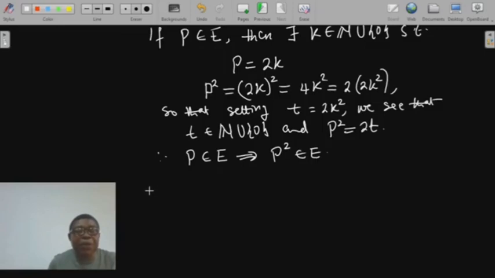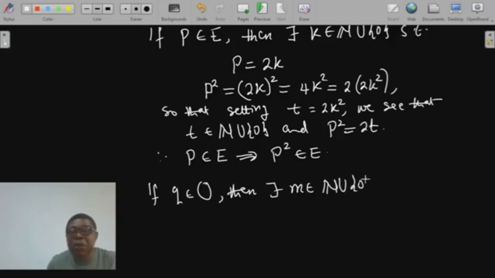The same argument holds for the odd numbers. If Q is an odd number, then there exists m in N union 0, such that Q is equal to 2m plus 1.